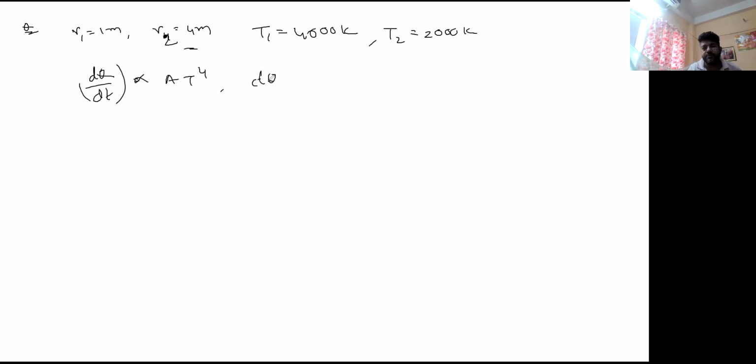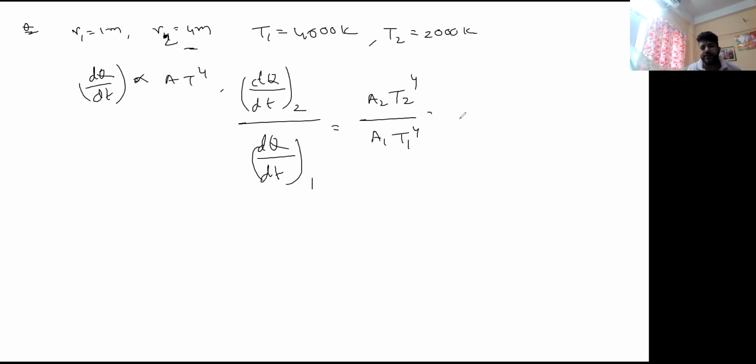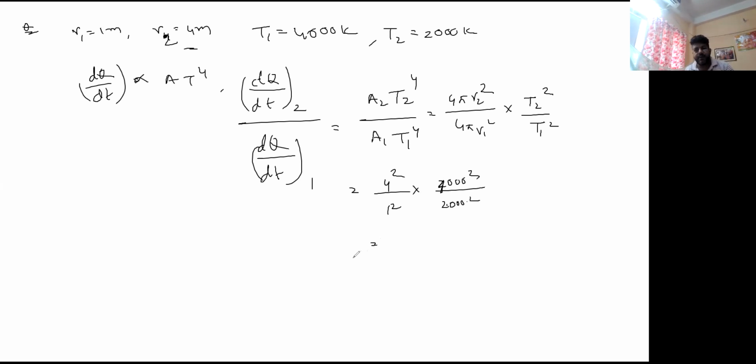So (dQ/dt)2 by (dQ/dt)1 is A2 T2^4 by A1 T1^4, that is 4 pi r2 squared T2 to the power 4 by 4 pi r1 squared T1 to the power 4, that is r2 is 4, squared, by 1 squared, times 2000 to the power 4 by 4000 to the power 4. Sorry, I wrote it the wrong way: T2 is 2000 and T1 is 4000.